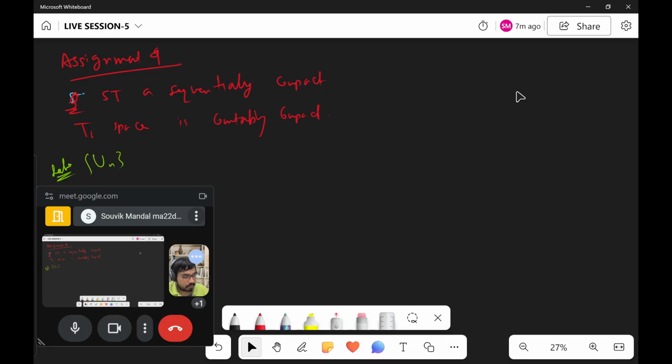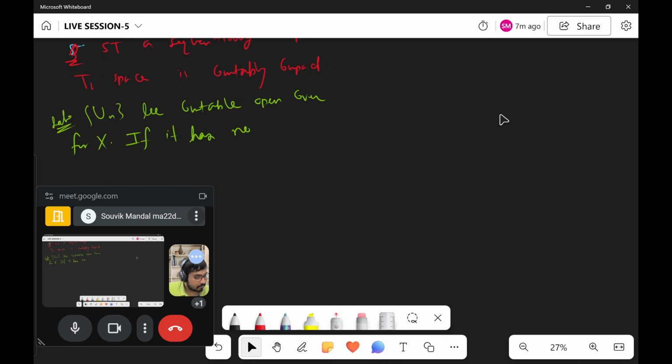Let Un be a countable open cover for X. If it has no finite subcover, then choose xn belongs to X minus the union of Uk, k equal to 1 to n.